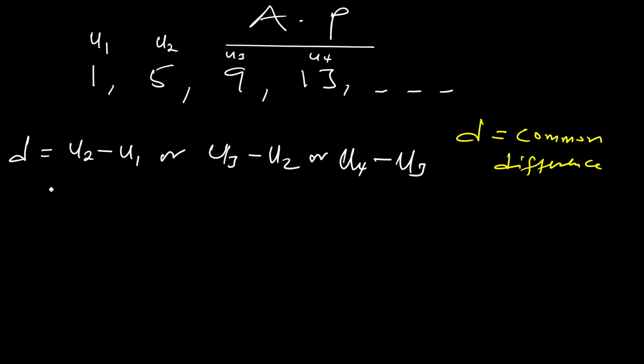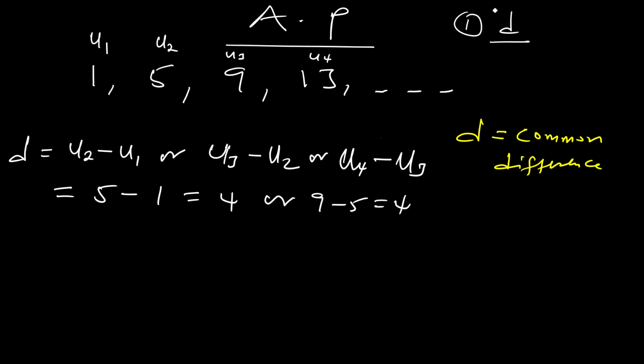So this is the same as 5 minus 1, which is 4, or 9 minus 5, which is 4, or 13 minus 9, which is 4. So D is the common difference. It's simply the second term minus the first term, or the third term minus the second term, in that order.